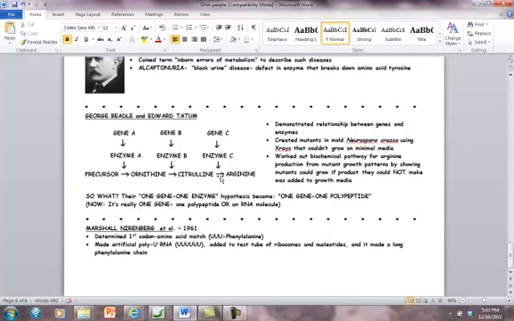Now we know that not all genes code for proteins, some code for RNAs. There are other kinds of DNA code in our DNA sequence that's not making enzymes, and so we've come up with a modified version of one gene, one enzyme. Maybe one gene makes one polypeptide or one RNA molecule.